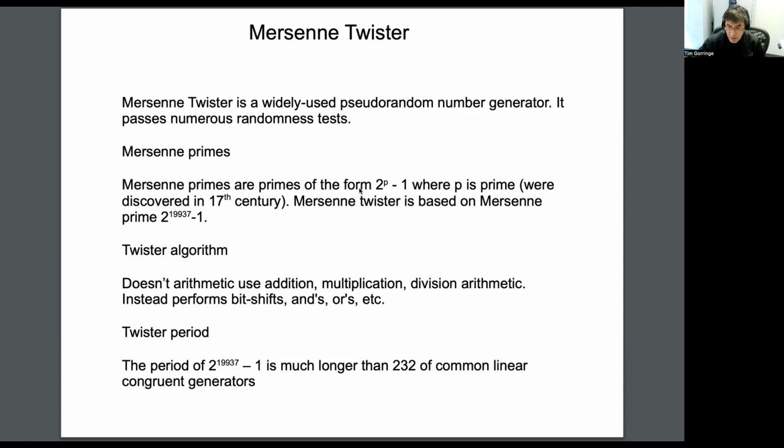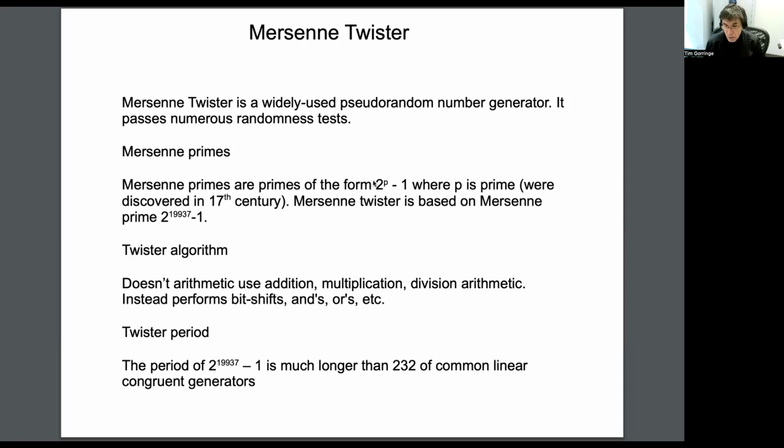And so that's this equation here. Now, if you plug in a prime number, any prime number, into this equation, you don't always get another prime number, a Mersenne prime. But many primes are given by this equation, and they're called Mersenne primes.